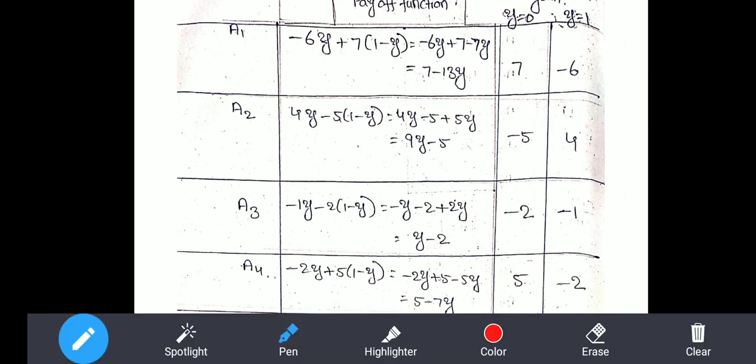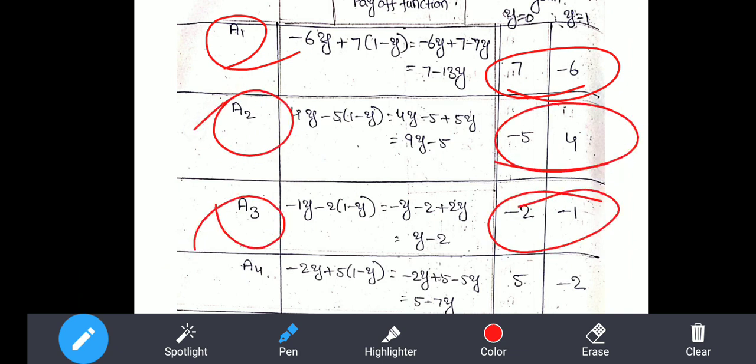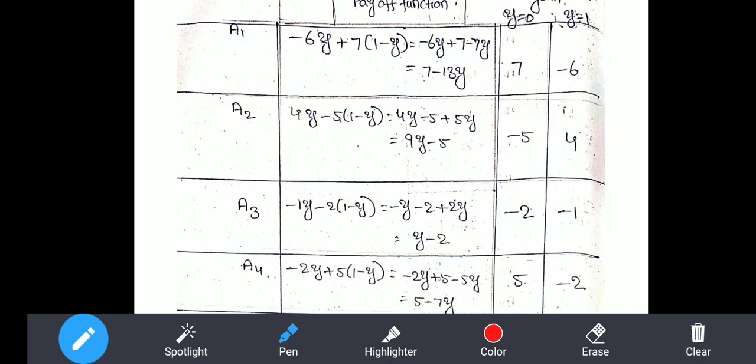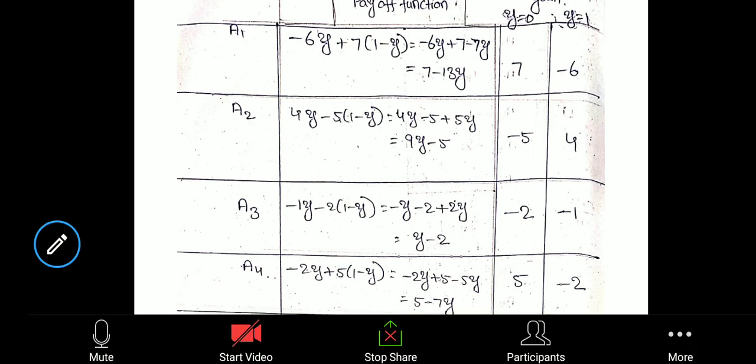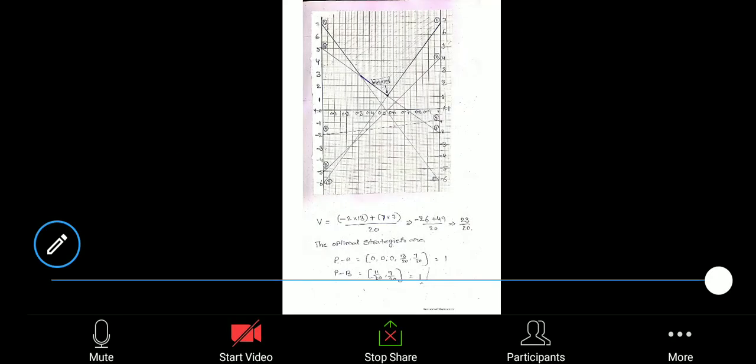For the A1 row, I got the point 7 comma minus 6. For the A2 row, 5 comma minus 5 comma 4. For the A3 row, minus 2 comma minus 1. For the A4 row, the point will be 5 comma minus 2. Like that, points will be obtained. Based on those points, I am going to draw the graph.